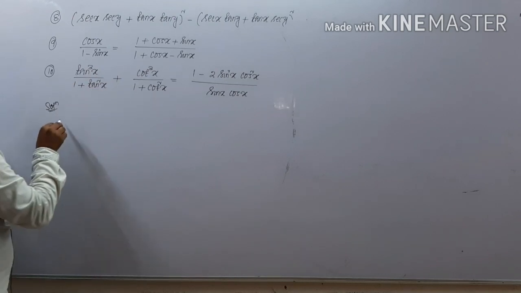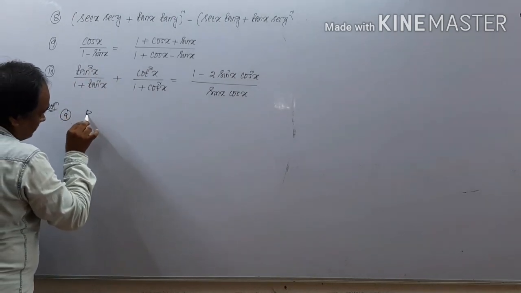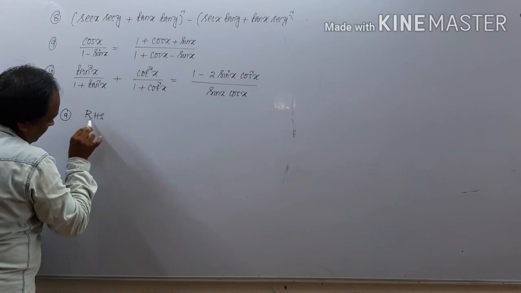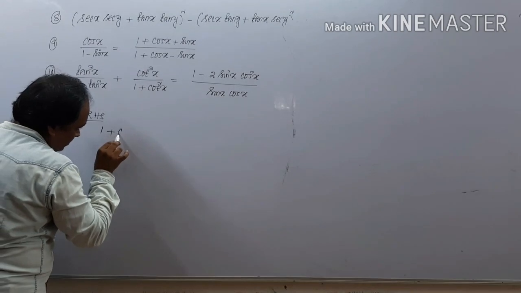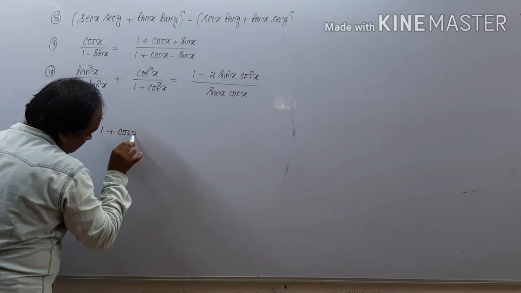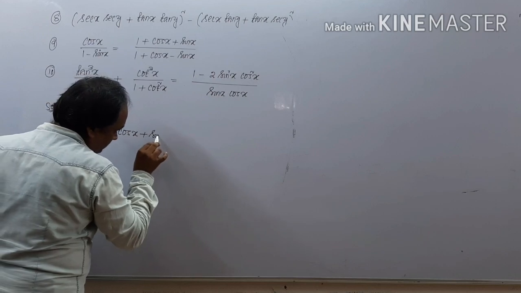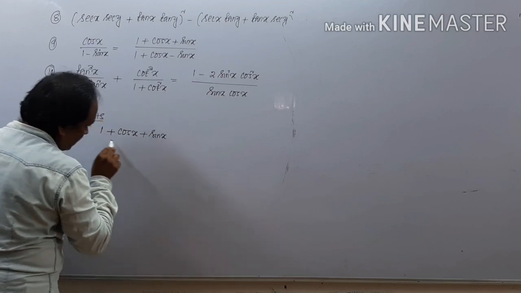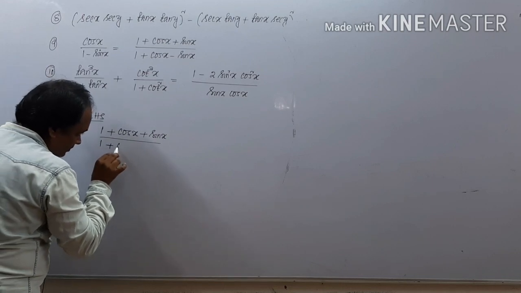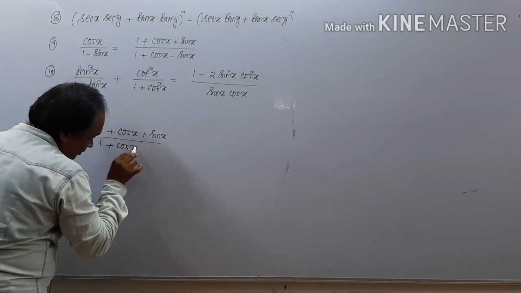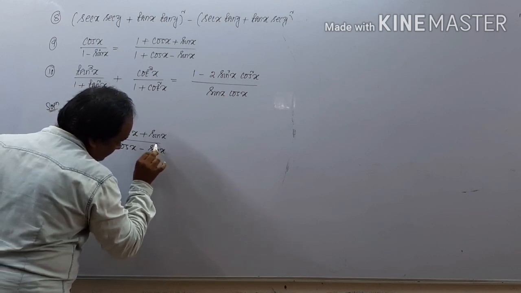So at first I will consider the right hand side, right? In the right hand side we have 1 plus cos x plus sin x divided by 1 plus cos x minus sin x, right?